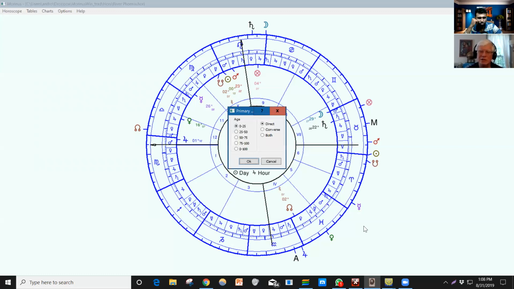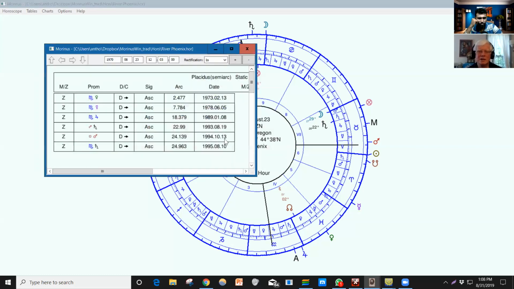Let's look at the primary directions to that, and in particular 93. And so here we see Saturn. We're using the Ptolemy measure, 1 degree is 1 year. Saturn crosses the horizon, opposes the ascendant.